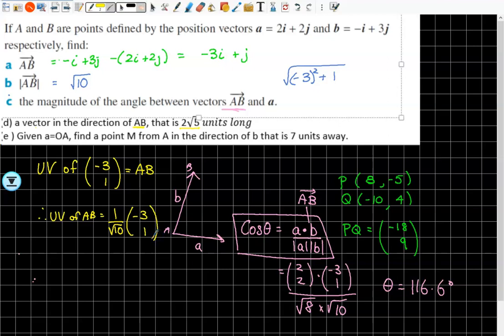To then make it 2 root 5, all I have to do is multiply it by 2 root 5, times -3, 1, and then I would probably use my calculator, tidy that up a little bit and state it in nice form. Correct?